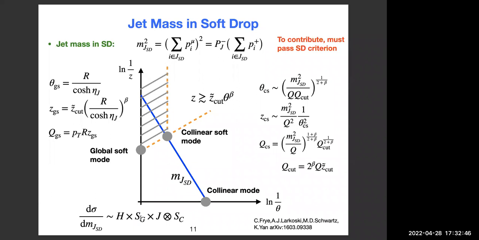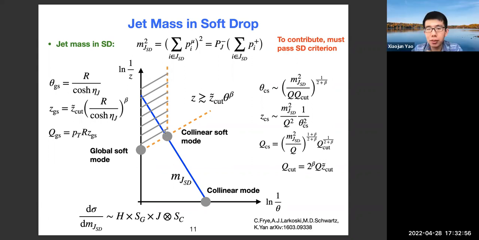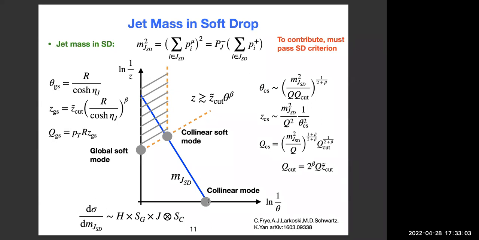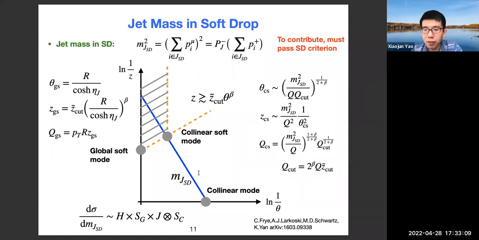Just one clarification. In terms of the mode diagram, the collinear soft mode sits on the same hyperbola as the collinear mode? No, they have different virtuality, or different scale, in the end. Okay, so the collinear, collinear soft, and the global soft all sit on different hyperbolas. Yes, they're on different hyperbolas.